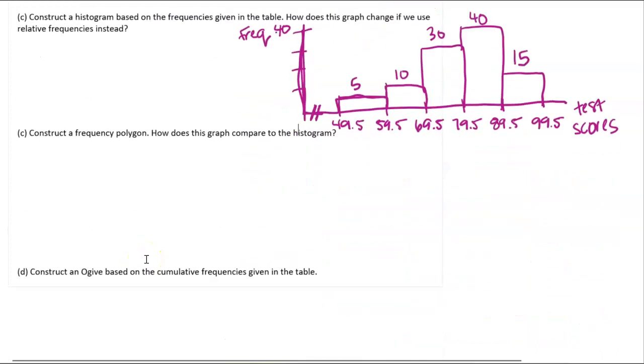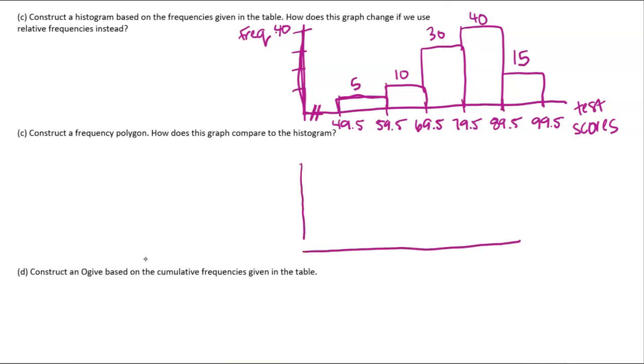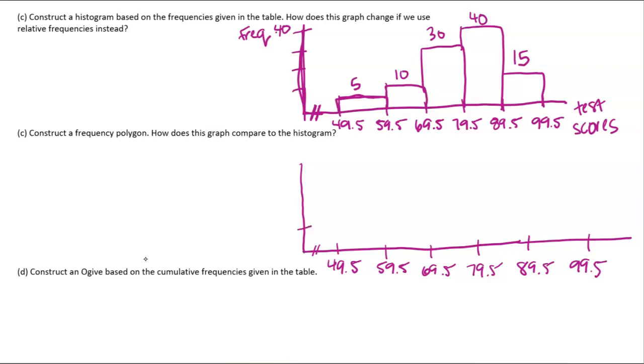All right, let's look at a frequency polygon. This looks very similar. You want to do your little break in your graph. Let's go ahead and label this. And what you're going to do is you're going to then use the frequencies here.